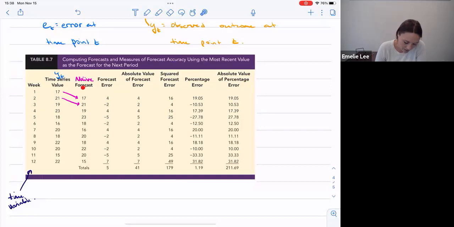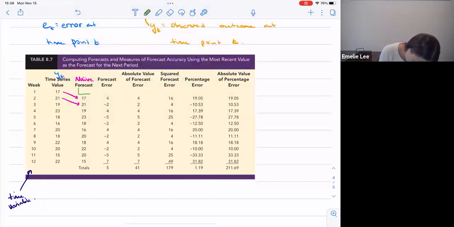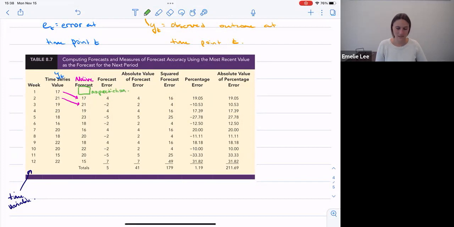Notice that there's no prediction here for the first week, because what would it be? We don't have anything from before the first week. And so here we have no prediction, which of course means we don't have any forecast error.